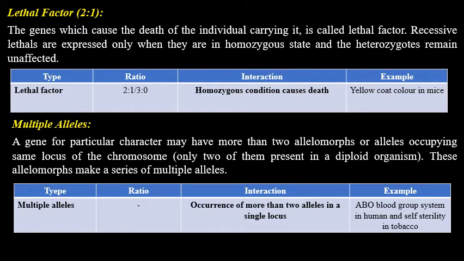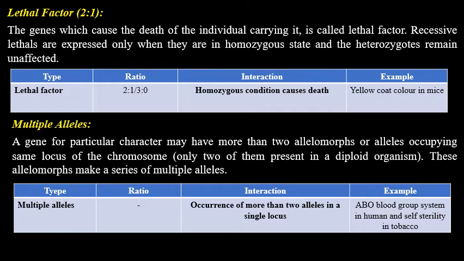And the last important type in allelic gene interaction is multiple alleles, in which a gene for a particular character may have more than two allelomorphs or alleles occupying the same locus of the chromosome.